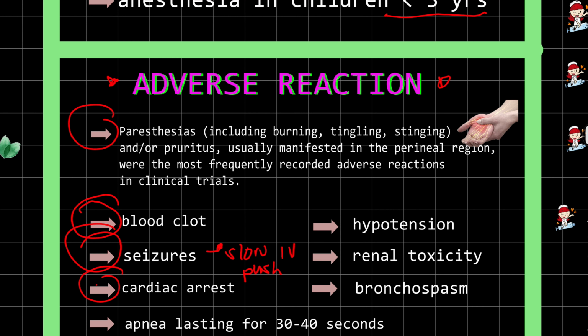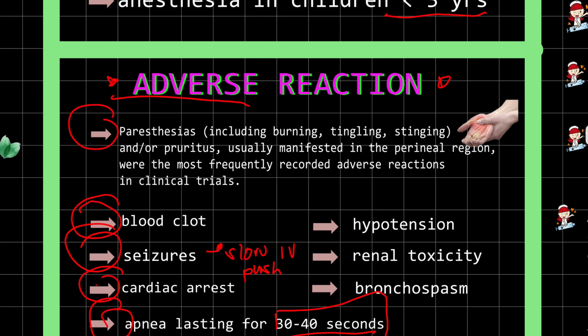And any arrhythmias to your patients. Next, we have apnea lasting for 30 to 40 seconds. Any patients who are on propofol, sometimes you will hear the mechanical ventilator alarms or the cardiac monitor will tell you that there's apnea. Patient is on apnea, and it's an adverse reaction towards propofol. 30 to 40 seconds of apnea.